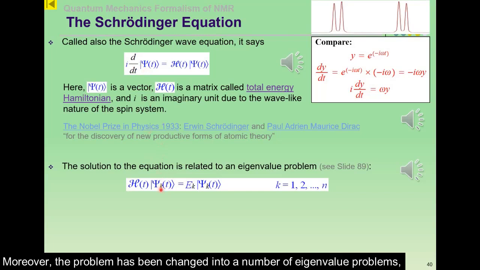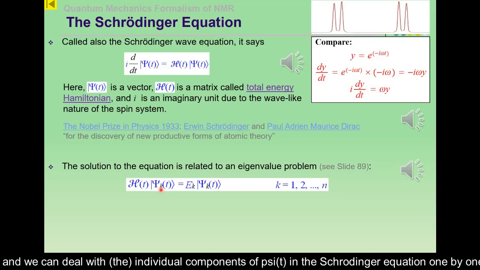Moreover, the problem has been changed into a number of eigenvalue problems, and we can deal with individual components of psi-t in this Schrödinger equation one by one.